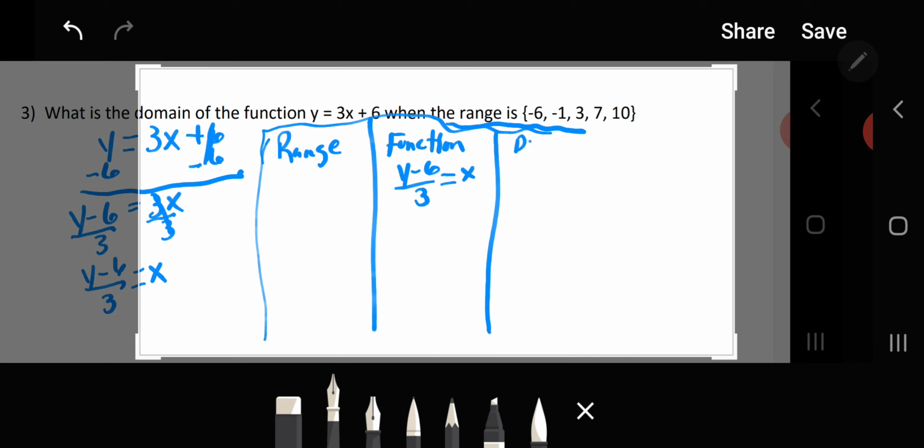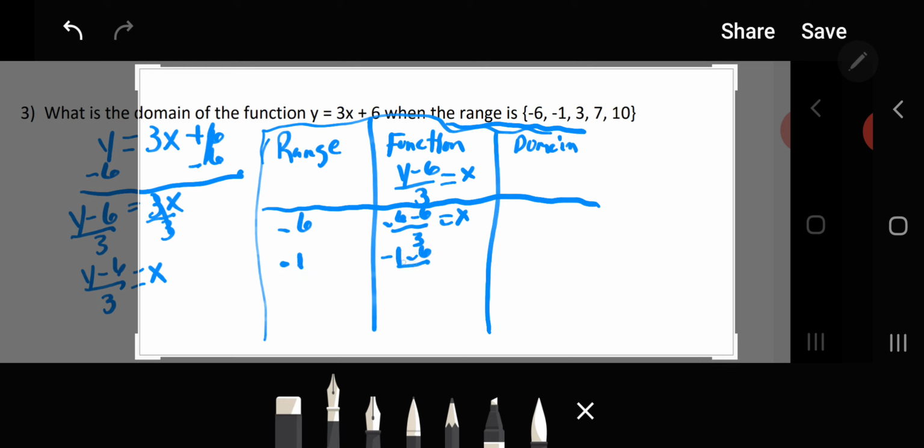And now my domain member is going to be given to me. Okay, let's see if I gave myself enough space. Probably not. But negative 6. So when I input that negative 6 for that y, I got negative 6 minus 6 over 3. Okay, we got negative 1. Negative 1 minus 6 over 3.